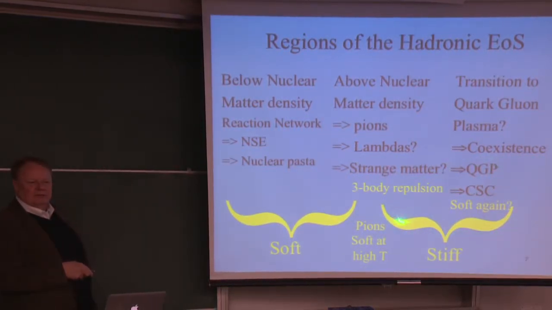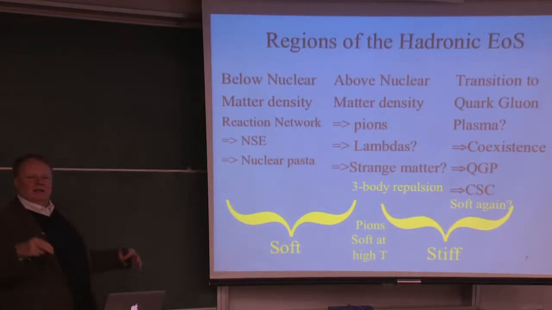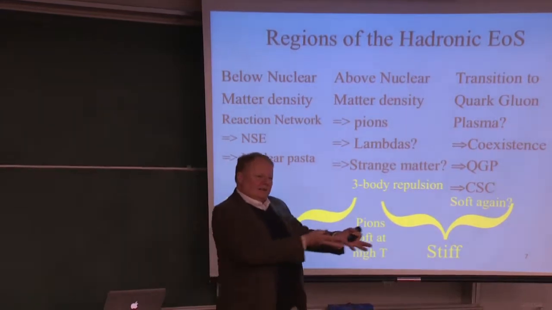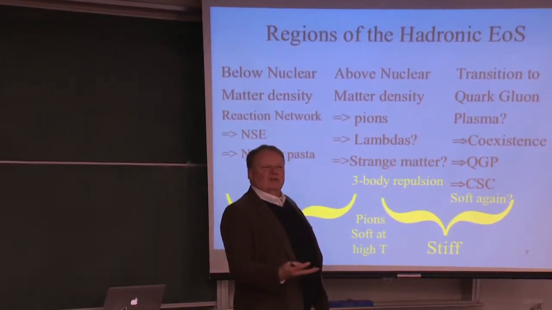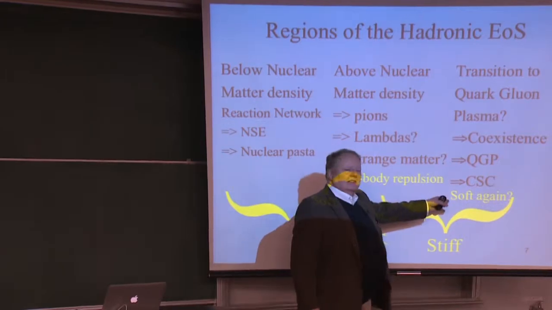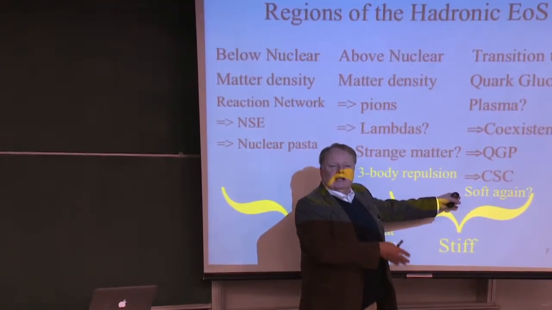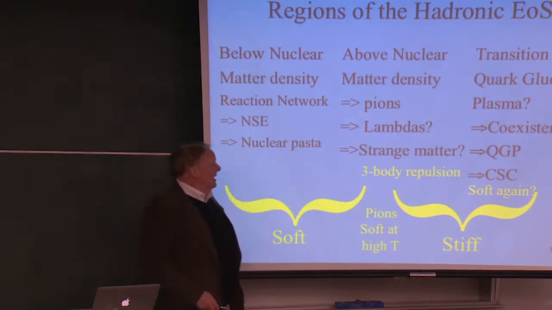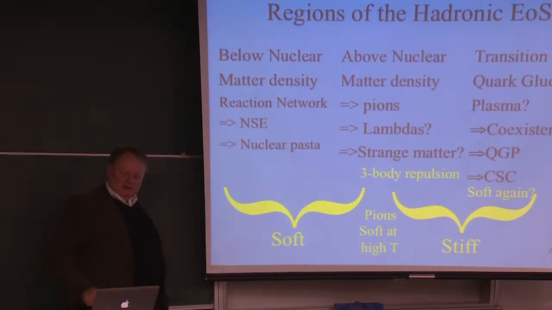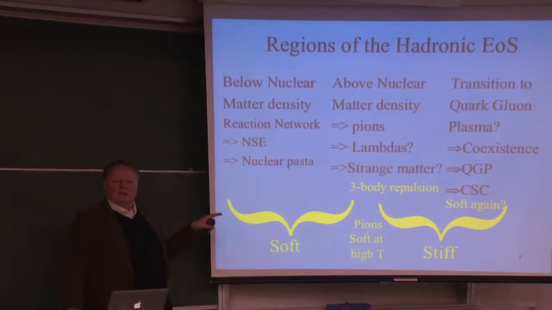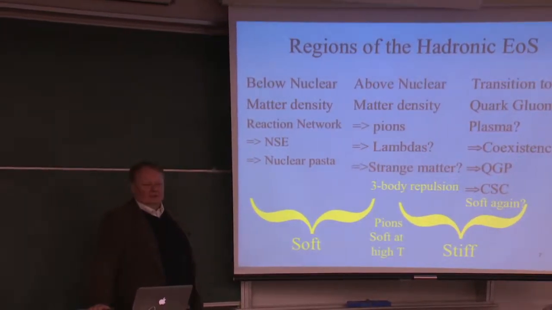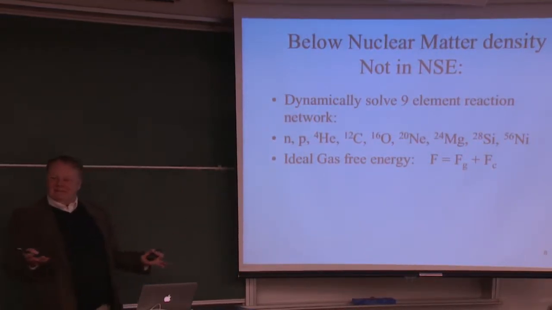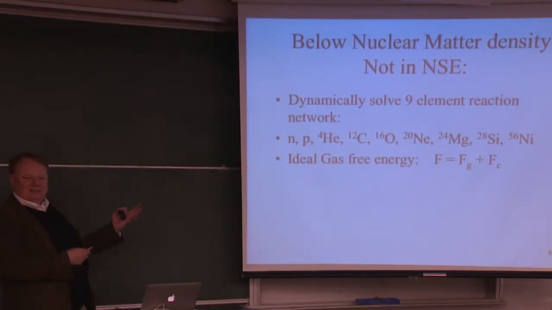For one, if it's a first order transition, like a transition from water to ice, you have a latent heat, the pressure response goes away, and the equation of state will get soft again. And that could have some important consequences for supernovae. I'll talk about that a little bit. By the way, feel free to interrupt any time. This is just a pedantic overview.